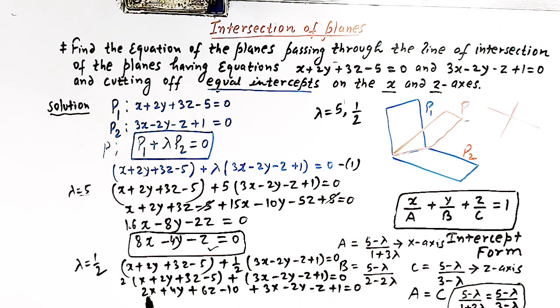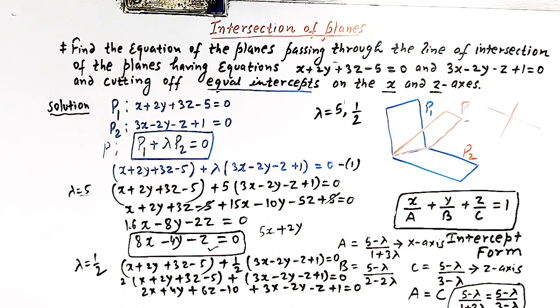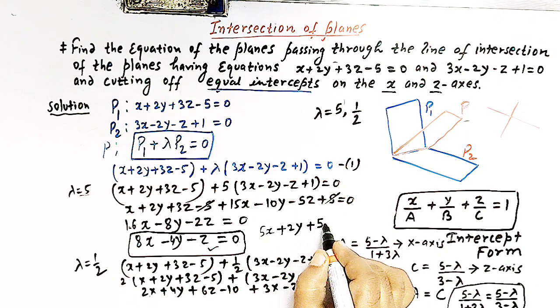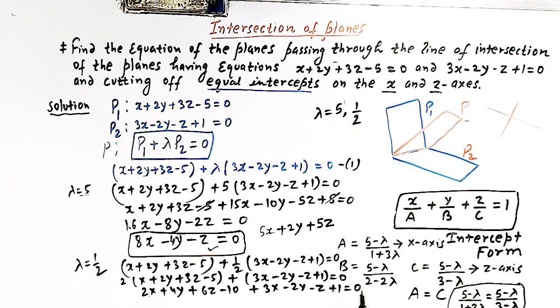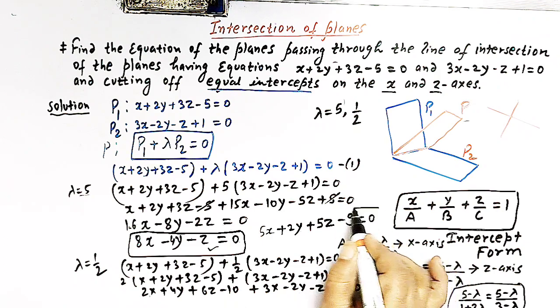So now 2x plus 3x is 5x, then 4y minus 2y is plus 2y, and 6z minus z is plus 5z, and minus 10 plus 1 is minus 9, and this is equal to 0.